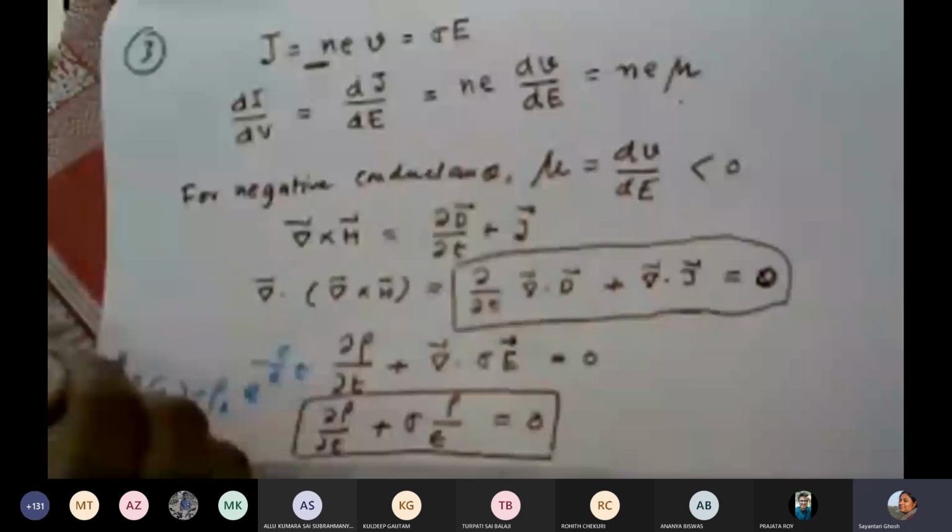If I want to write this equation not in terms of sigma by epsilon but in terms of mu, the mobility, using the equations that are written, the Ohm's law and all these things, can I do that? In the first line you can see J is equal to NEV and that is equal to sigma E, right? So from there, can I do something so that the sigma gets out of the picture and mu comes in? Can you tell me what would be the expression if I try to push mu in?